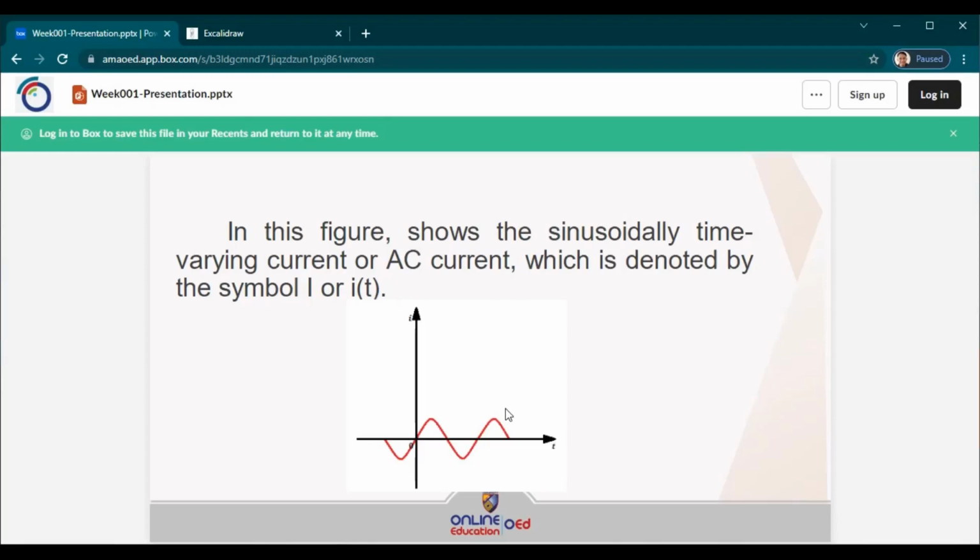Remember from our trigonometry, sine, cosine, whatever. Okay, so it changes over time, unlike DC current, which is constant all throughout the operation.